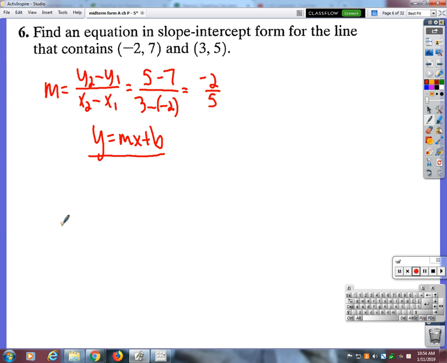Kind of like 5 better because they're both positive, but whatever. He said 7. I heard that first, so we'll go 7. But you could use either one of these points. 7 equals negative 2/5 times. Now that we've chosen 7, we have no choice what we use for the x. We have to use the x that goes with that y, right? So that's times negative 2 plus b.